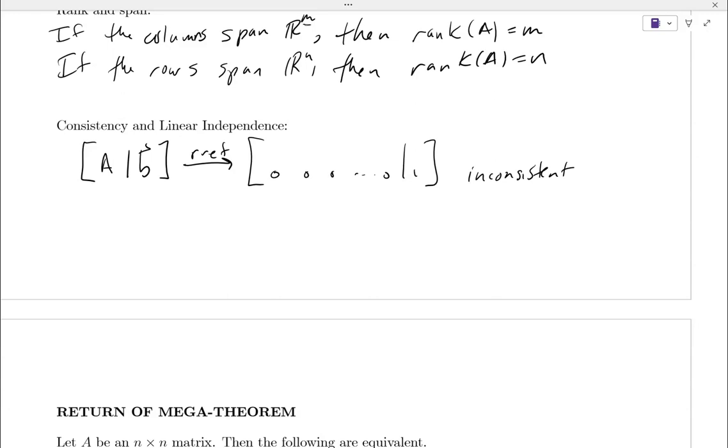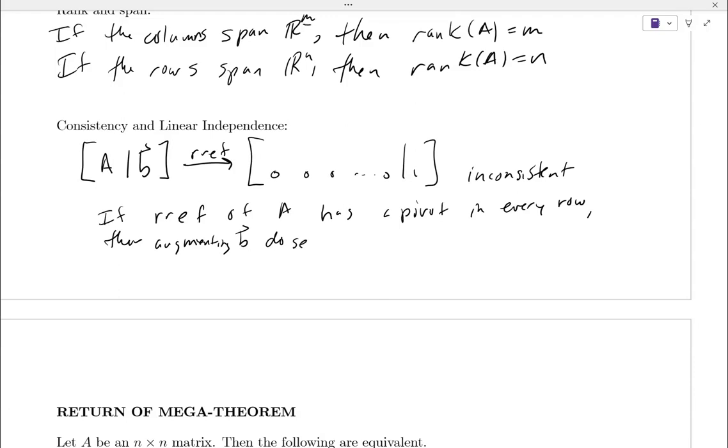Does that make sense? If I already have a matrix A that has M rows, so if the reduced row echelon form of A has a pivot in every row, then augmenting B does not add an extra pivot.